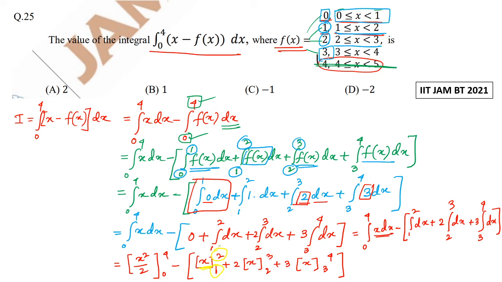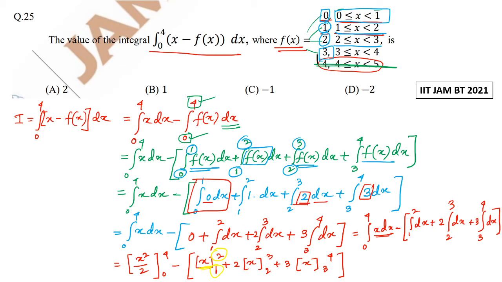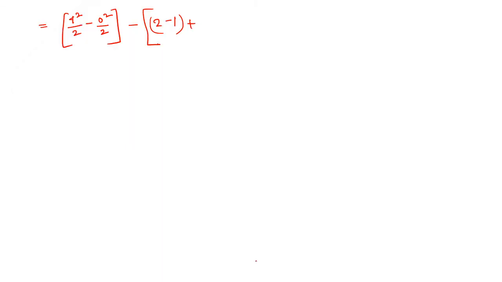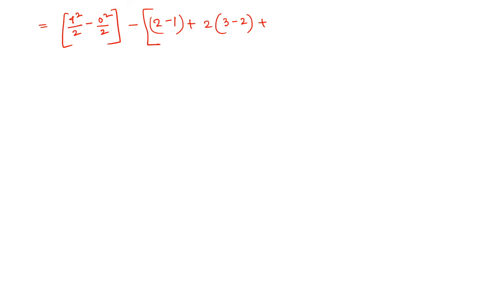So 2 minus 1, plus 2 into, again put upper limit in x minus lower limit in x, so 2 into 3 minus 2, plus it is 3 into, next is 4 minus 3, similarly 3 into 4 minus 3. So this is all.